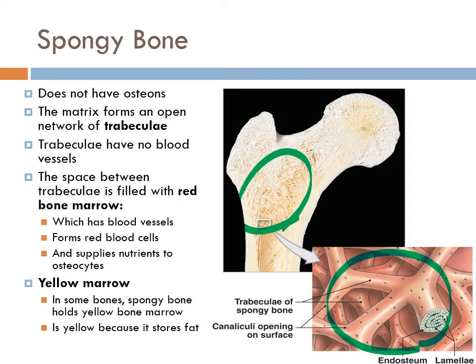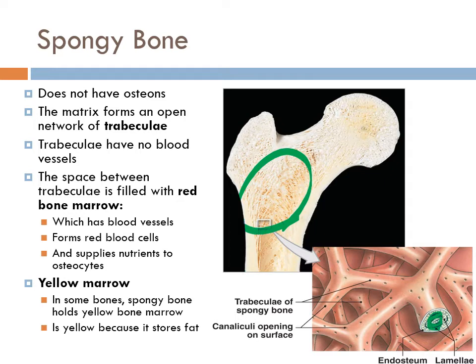The marrow itself is going to supply nutrients to the osteocytes that are within these lamellae that make up the trabeculae. So we do still have osteocytes because we need to have osteoblasts and osteoclasts and osteocytes within the trabecular bone. And they are arranged concentrically here, but not in osteons that will be surrounding a central canal.